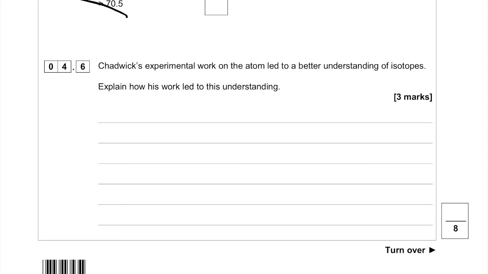Now, Chadwick's experimental work on the atom led to a better understanding of isotopes. Explain how this work leads to this understanding.